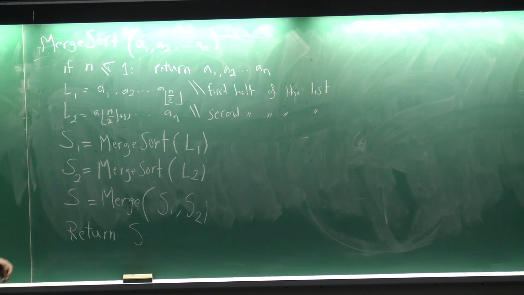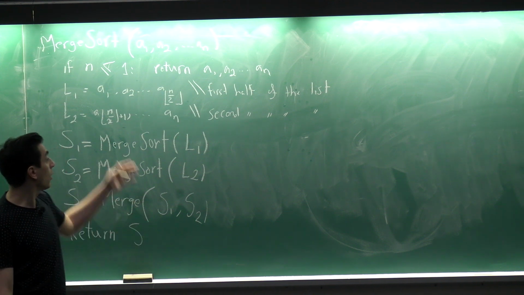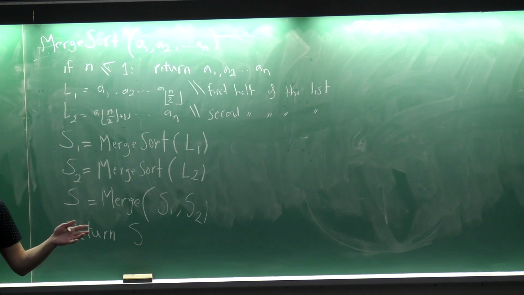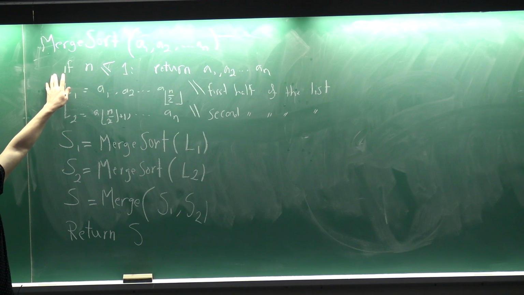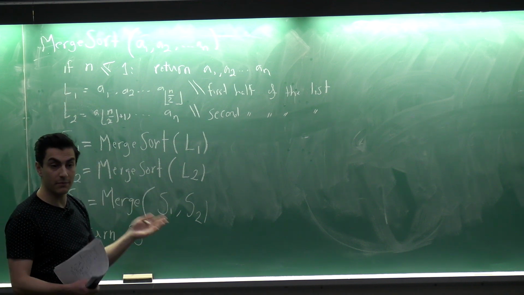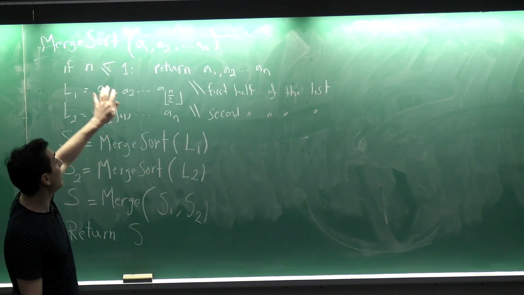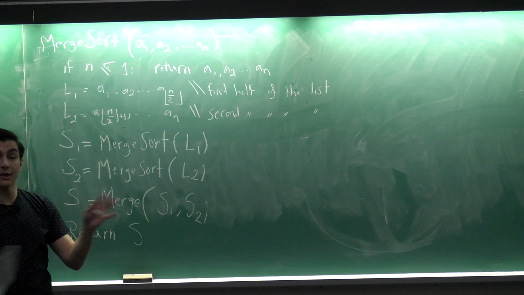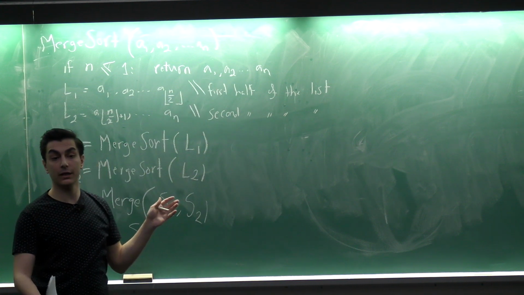So let's go over it again. We have this recursive algorithm where the goal is to sort a list of numbers. What are we going to do? Whenever we have anything recursive, we need a base case. And in our problem, the base case is having no elements or one element. Whenever that is the case, there is nothing to be done, so we just return the input. The problem is done.